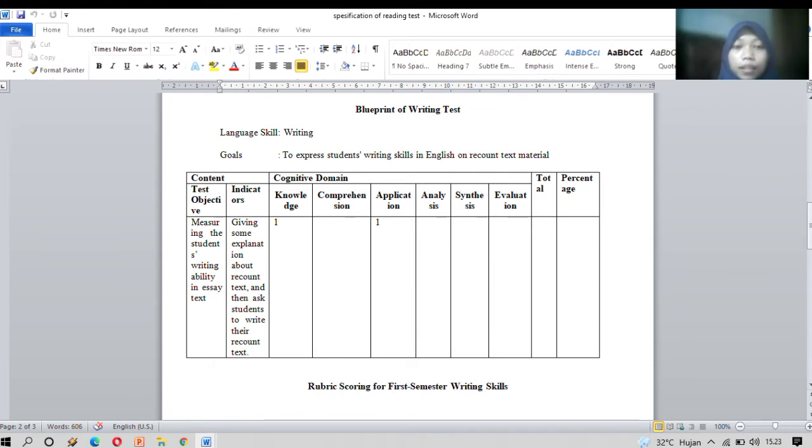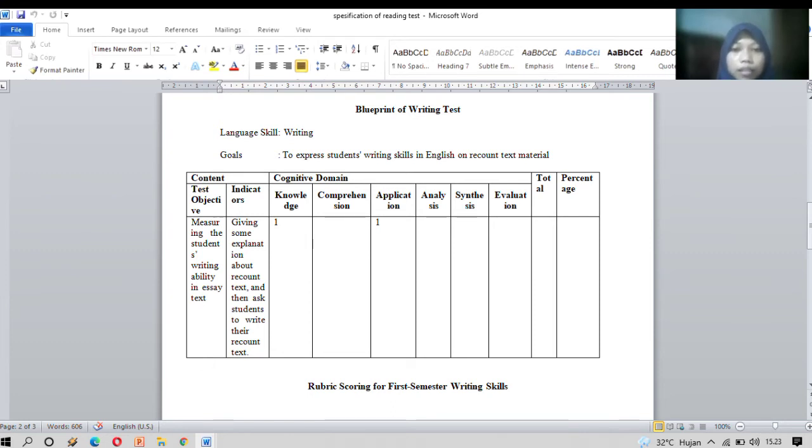The indicators are giving some explanation about recount text and then asking students to write their recount text. The cognitive domain is knowledge 1 and application 1.